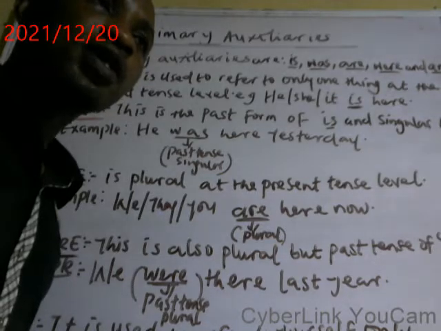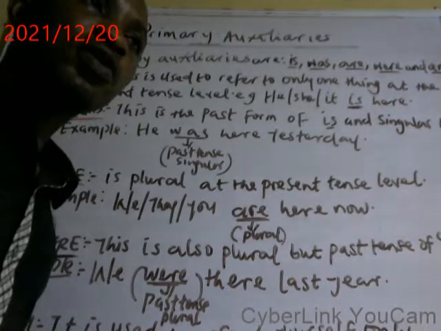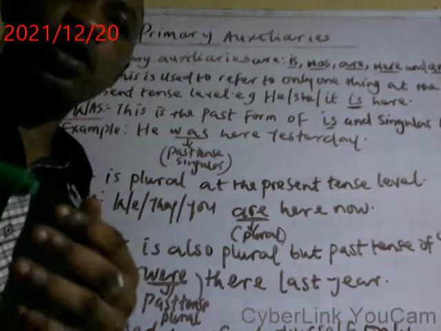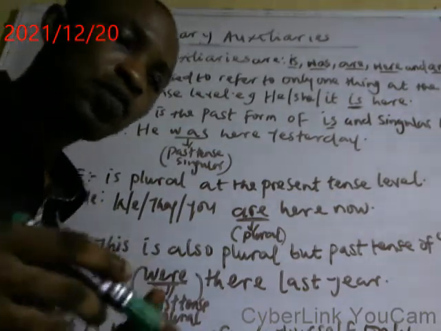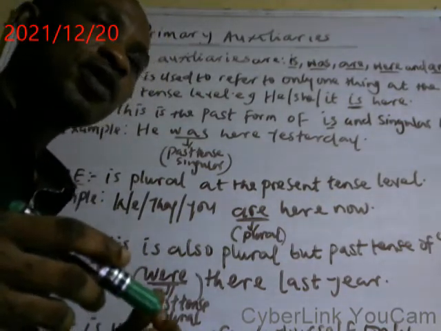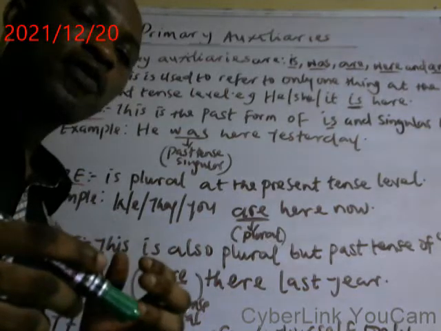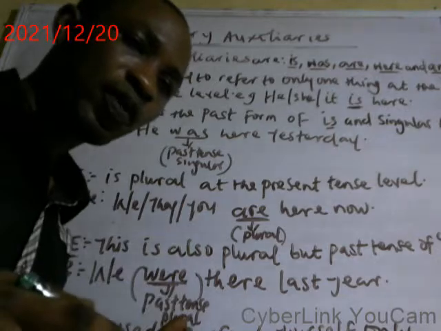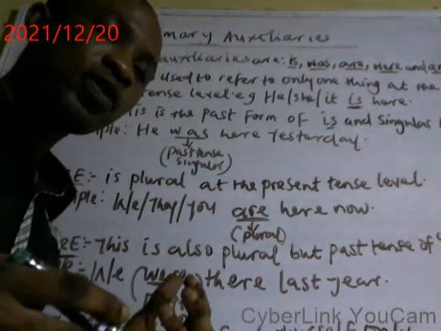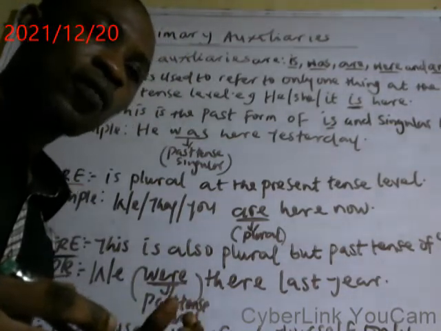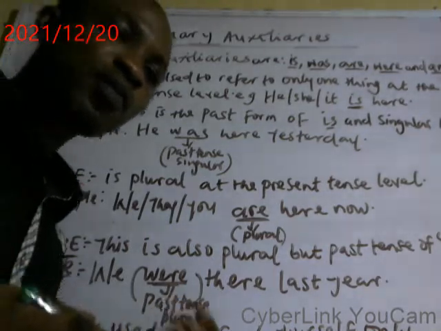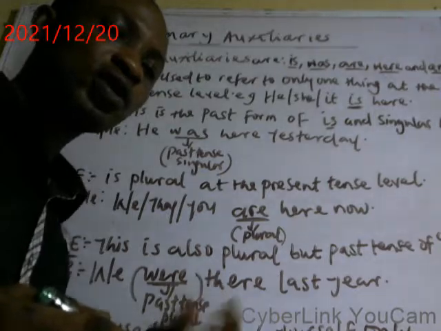These primary auxiliary verbs are our focus in today's lesson. We are going to look into what a primary auxiliary verb is, what the functions of primary auxiliary verbs are, how they can be used, and how we can make statements with them without making mistakes in English.